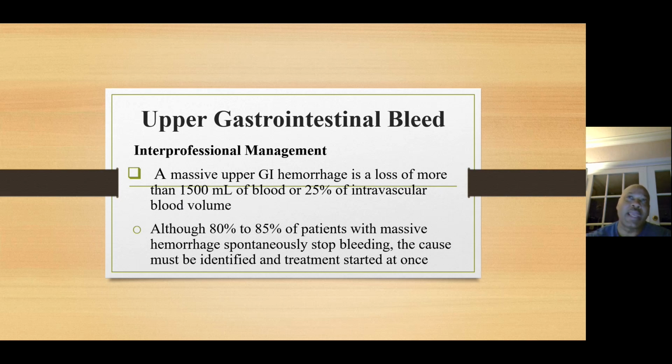So again, start bringing back those tools that we talked about, because this is where they are more applicable and can provide us with lots of data that can be used to manage these patients.